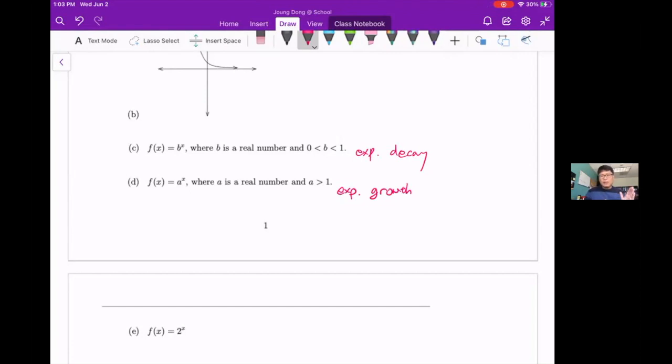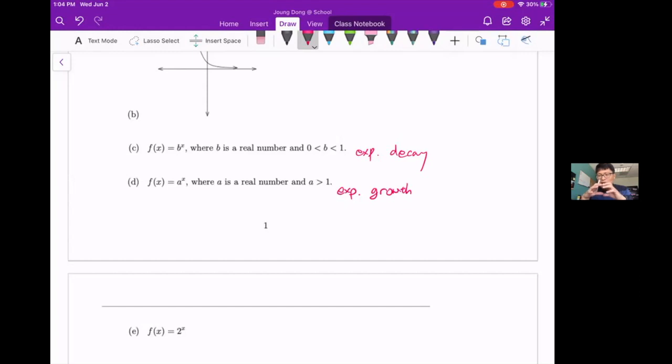Your base must be bigger than zero and not equal to one, so we have two intervals: 0 to 1 and bigger than 1. The 0 to 1 case, which is problem C, is exponential decay. Think about any number between 0 and 1, for example 1/2. 1/2 to the 1 is 1/2, 1/2 squared is 1/4, 1/2 cubed is 1/8, then 1/16, 1/32, 1/64, and so on.